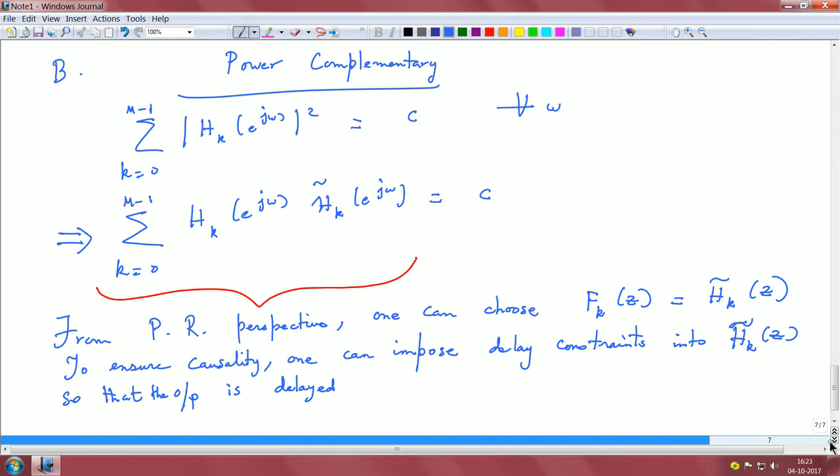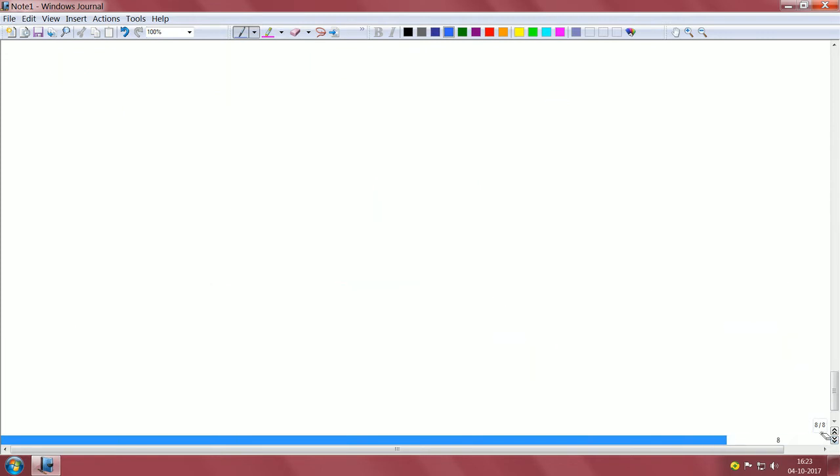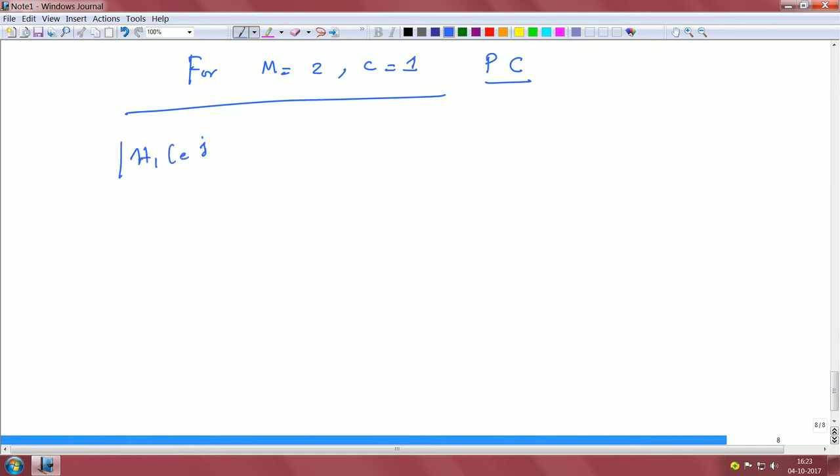Now, let us look at the case for M equals 2, and C equals 1. This is the power complementary case. Modulus of H1 of e^jω squared is 1 minus modulus H0 of e^jω squared.